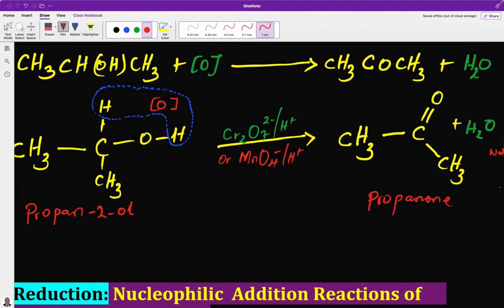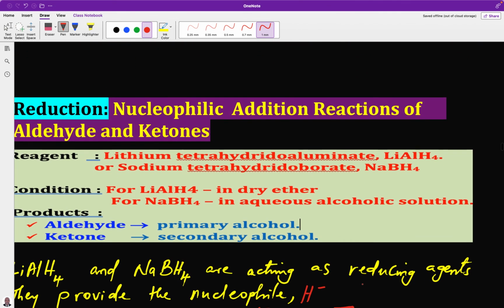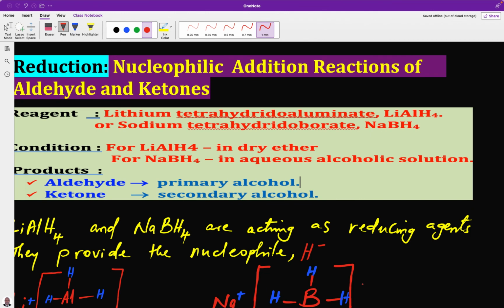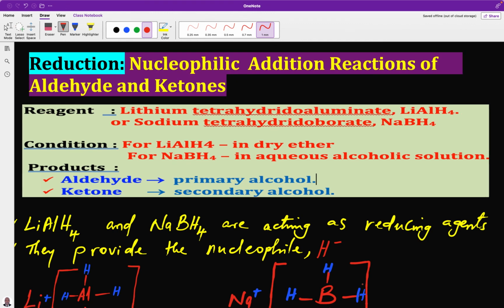Now, we went to reduction of aldehydes and ketones. This is the reverse of the oxidation process. Oxidation was preparing aldehydes from primary alcohol and ketones from secondary alcohol. Now this is the reverse.